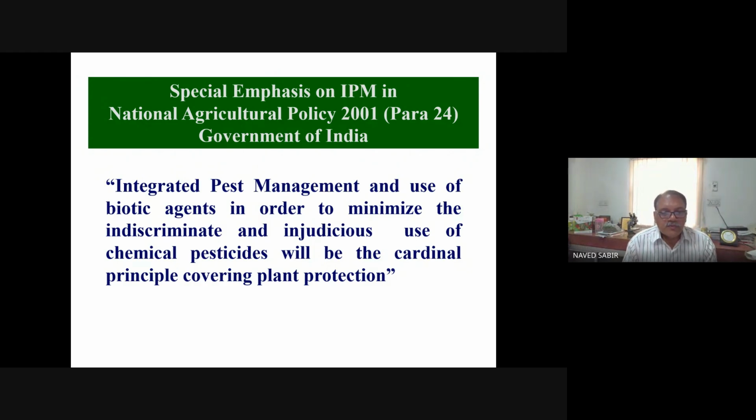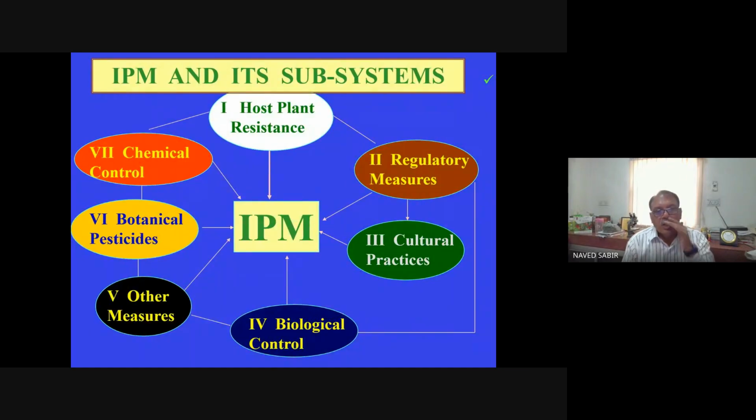Due to intensive cultivation during the Green Revolution, a lot of chemicalization of agriculture had happened. That is why the nation adopted the IPM policy.